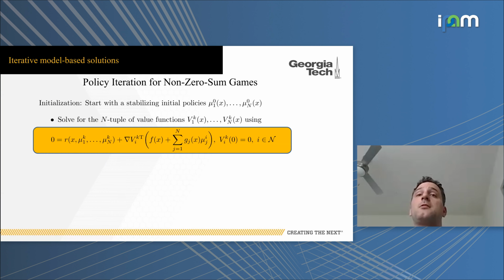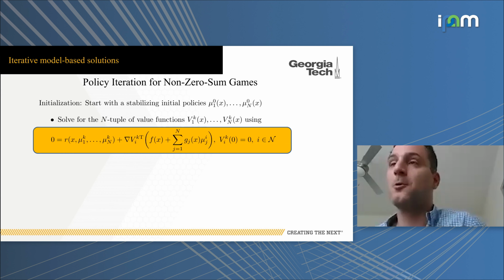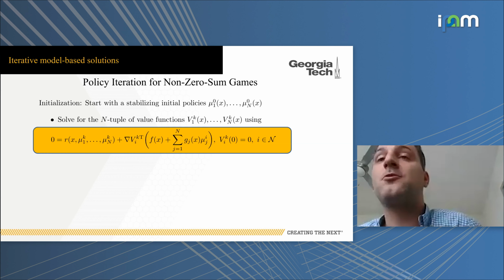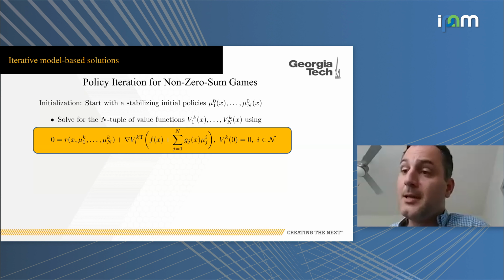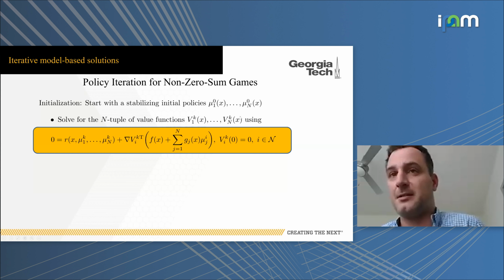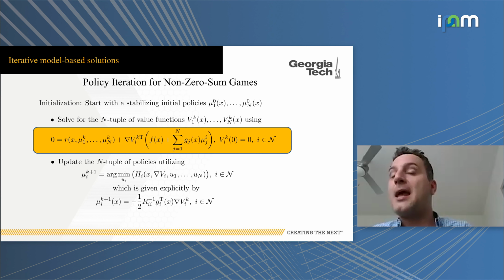Here it becomes even more complicated, because I don't have to solve only one equation, like the Hamilton-Jacobi-Isaacs that you saw before, but a bunch of them, which are n coupled ones. And I have to do that for every time instant. Then I update all my n policies.